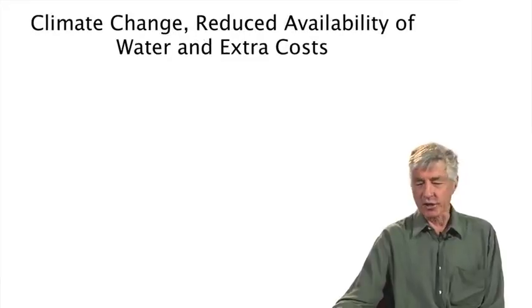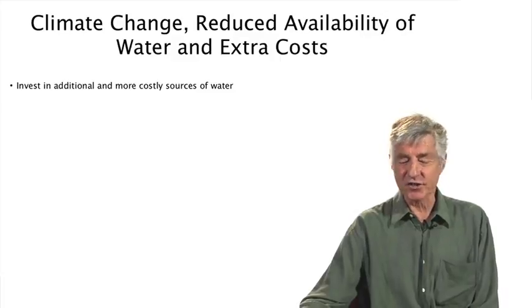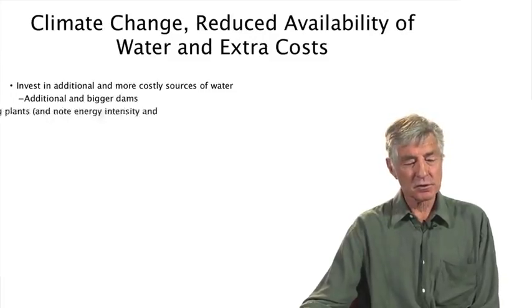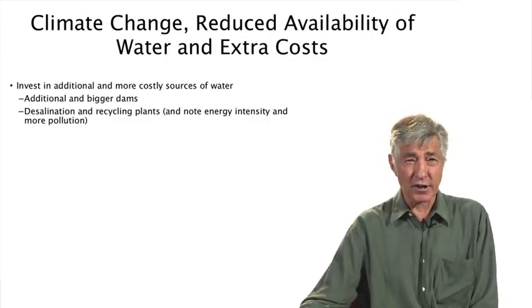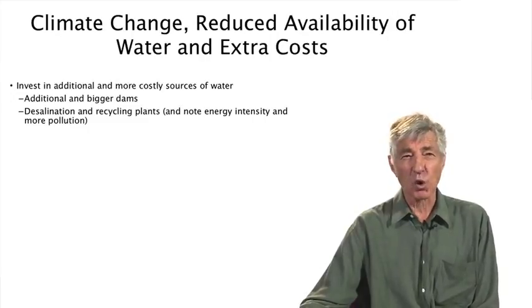So what are some of the effects of the reduced availability of water? Well, we're going to have to invest in additional and more costly sources of water. Larger and bigger dams, or we have to spend more on desalination and recycling. Now what we know is that these so-called manufactured sources of water, desalination and recycling, cost about 3 to 5 times as much as water collected naturally in dams.